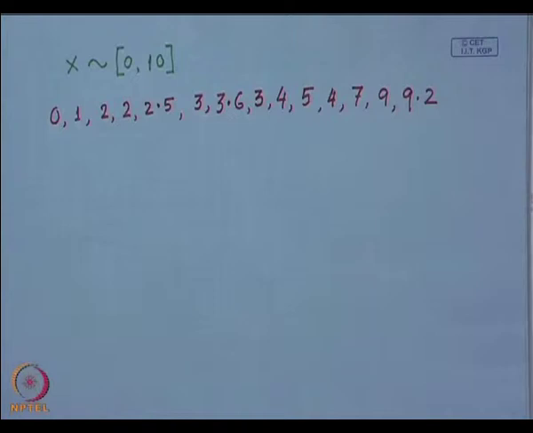Suppose this is the set of samples which are given to estimate the value of p x, the probability density function for the variable x.